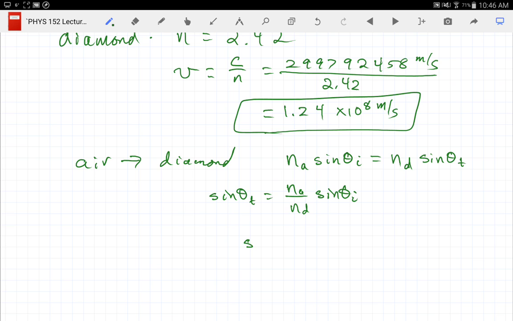If sine theta incident is equal to 1, then sine theta transmitted is equal to 1 over 2.42. Therefore, what is the theta transmitted?